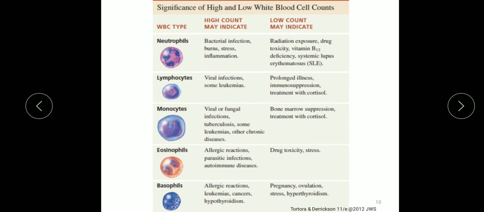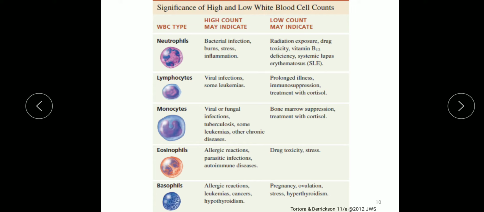It is used to detect infection or inflammation, determine the effect of possible poisoning by chemicals or drugs, monitor blood disorders and the effects of chemotherapy, and also detect allergic or parasitic reactions.